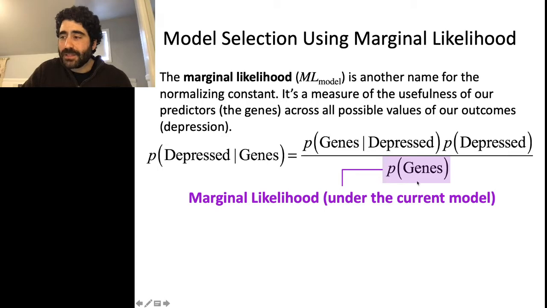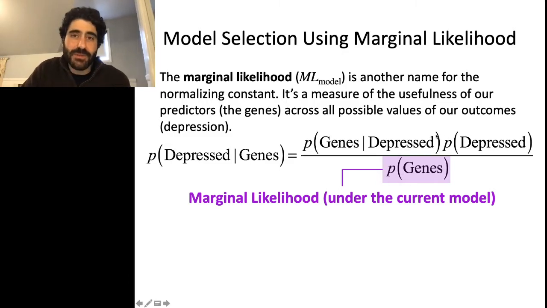And so this normalizing constant here is measuring how good this model that we're using is at understanding what the data distribution actually looks like.